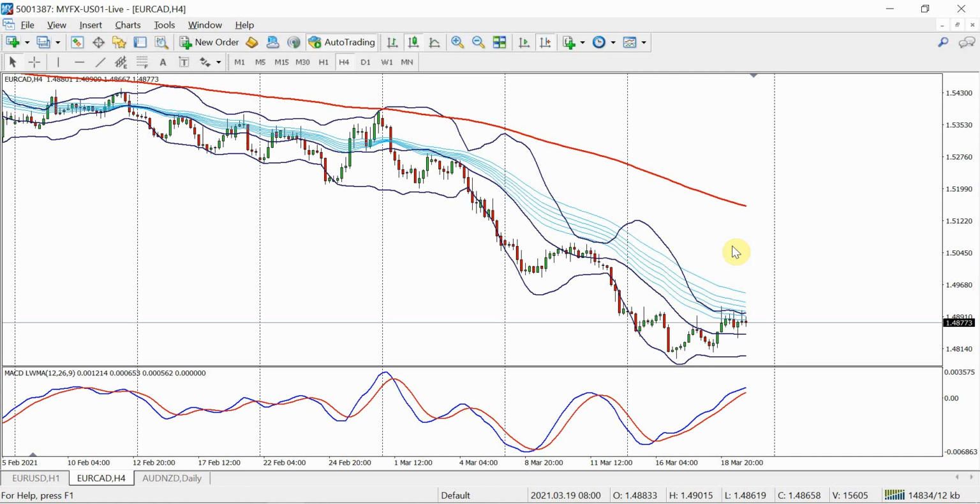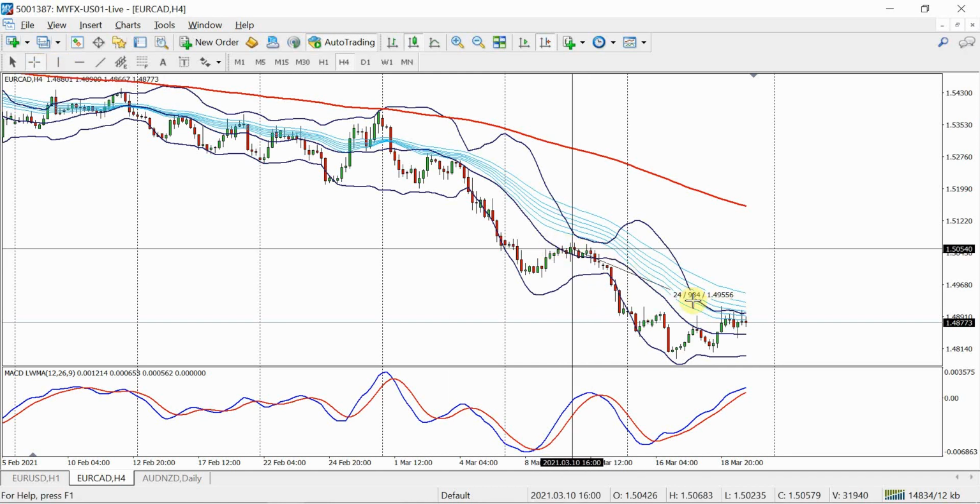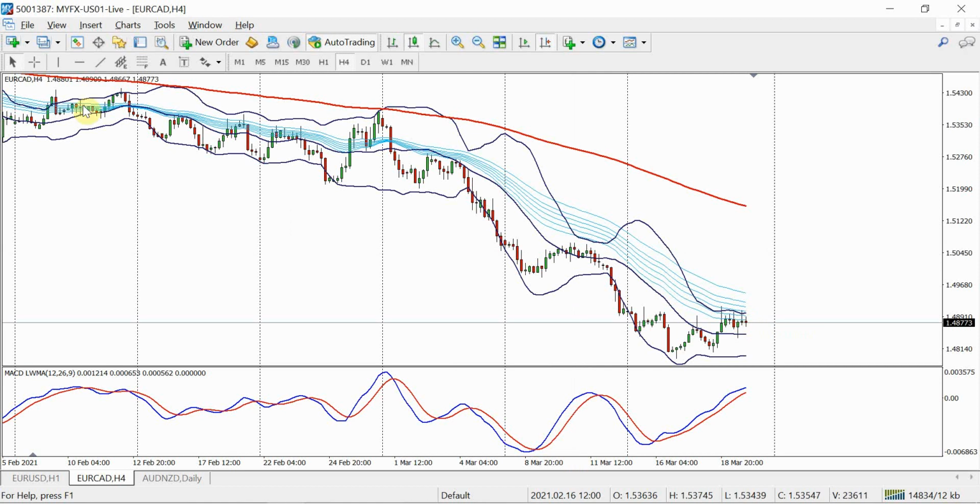What I also like is that we've got hidden bearish divergence. For those of you familiar with divergence, I've got links to everything about divergence in the description. It's where price is making lower highs and an oscillator, in this case the MACD, is making higher highs, so there's a disagreement between price and the oscillator.